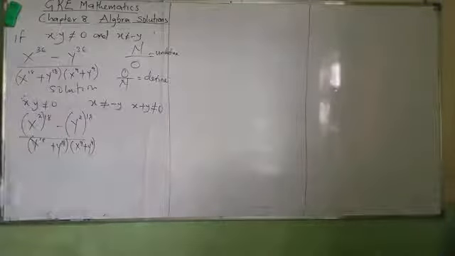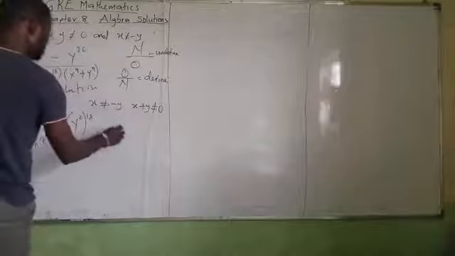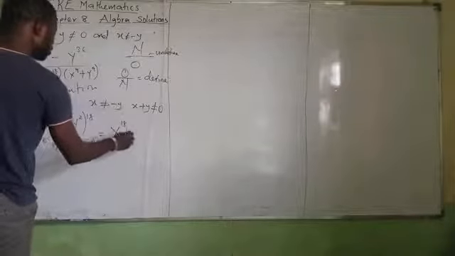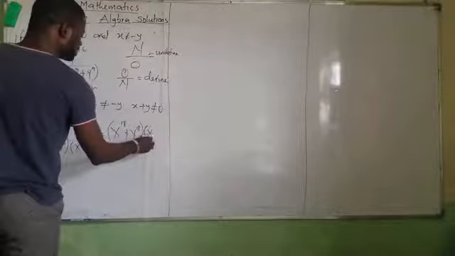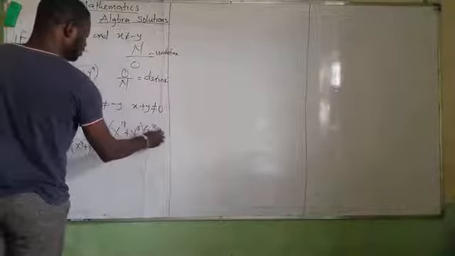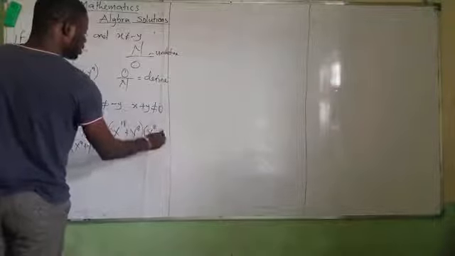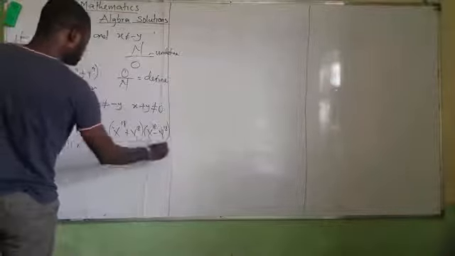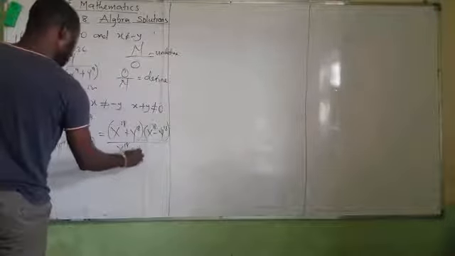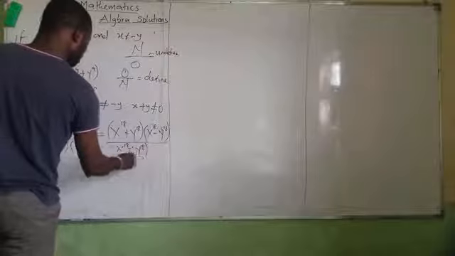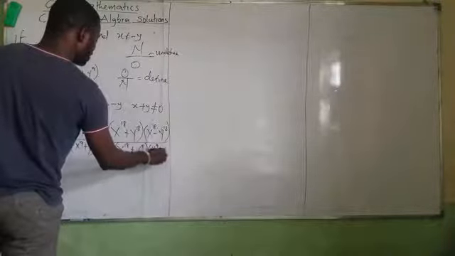Now, can you see this? I can now turn this to x 18 plus y 18. I'm working on difference of two squares: x 18 minus y 18, divided by x 18 plus y 18 and x 9 plus y 9.